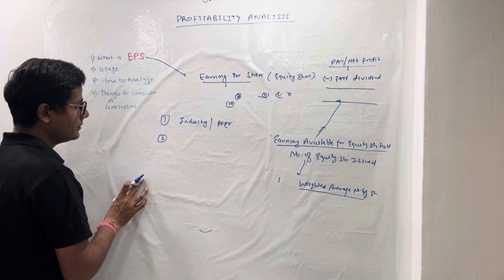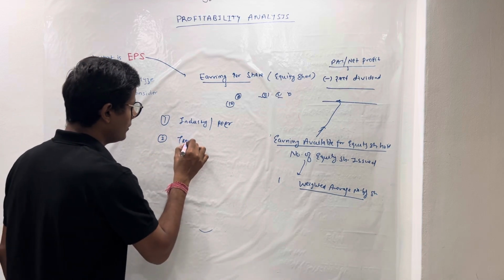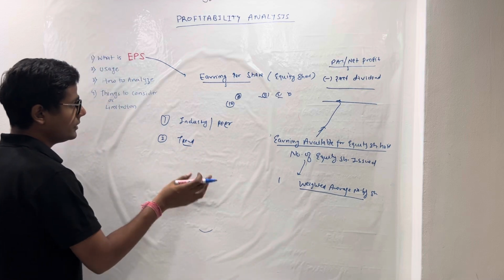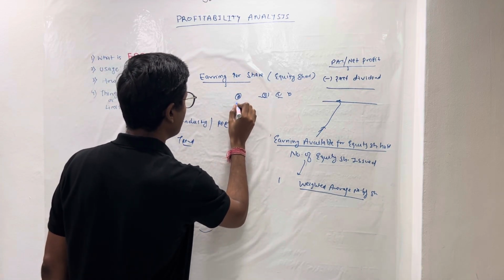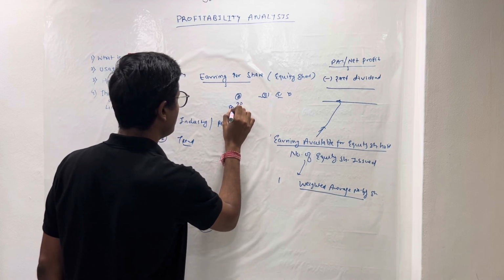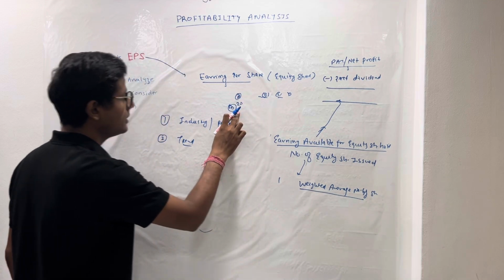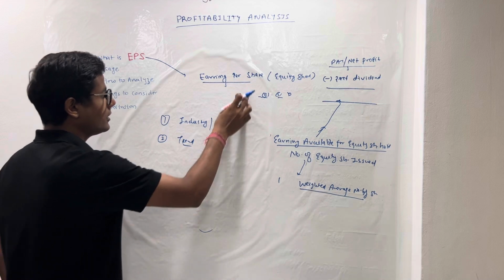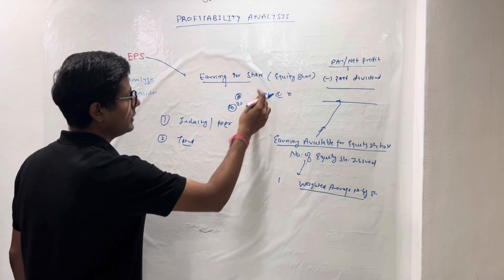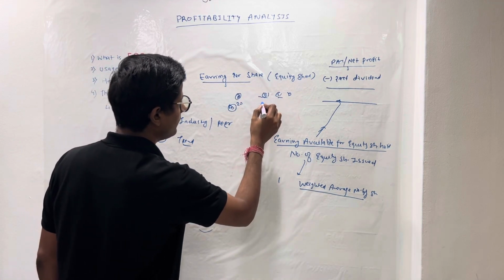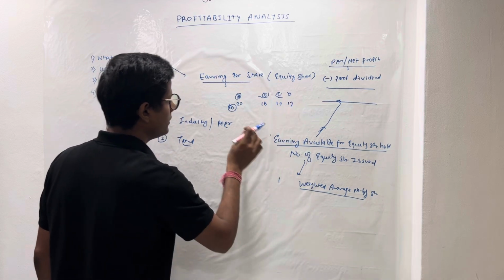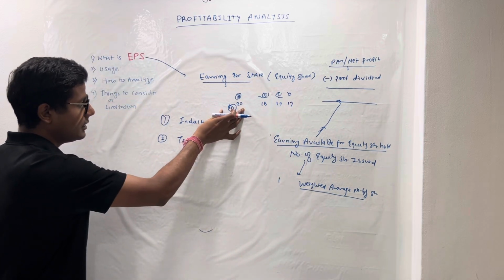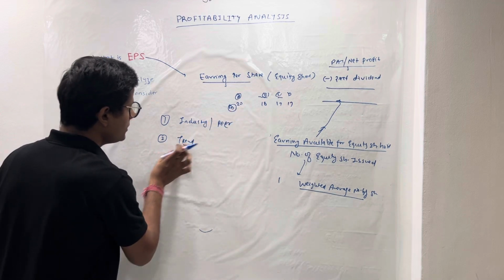The second thing is the trend. You need to see the EPS trend. You may see that this year company A has earned an EPS of 20, and if peers are also having 18, 19, and 17, then you may think the company is better. But you also need to see the trend.